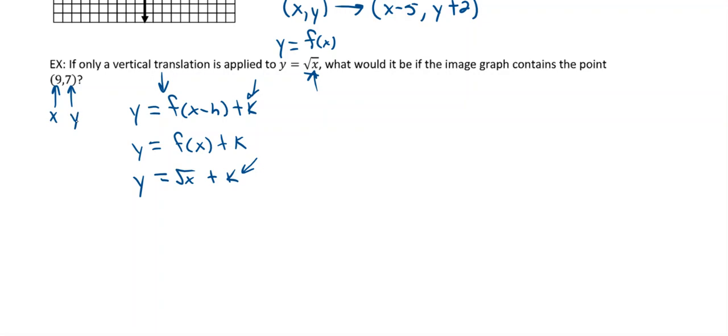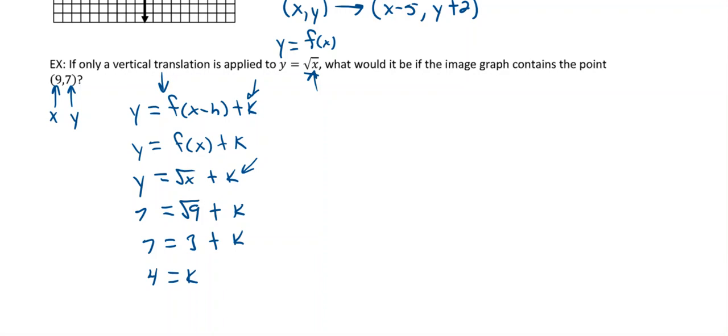I know that those are points on this graph, so we're going to put those in. Instead of a y there, I'm going to put in 7. So 7 is equal to the square root of 9 plus k. So 7 is equal to 3 plus k, since the square root of 9 is 3. So k must be equal to 4.